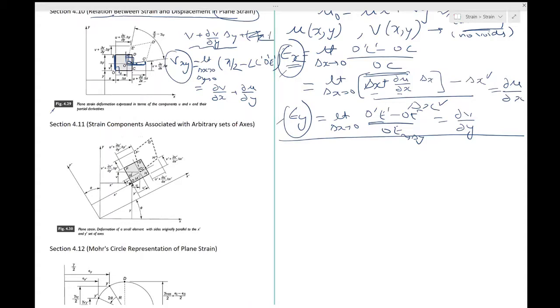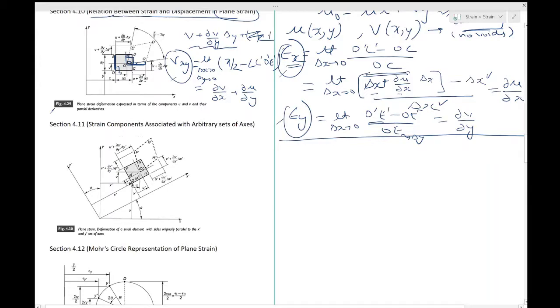Now, after having derived this shear strain gamma xy, and I had told you in the last class how the angles are calculated, we have to make the following comment from the textbook: not all the relative displacement however involves deformation.